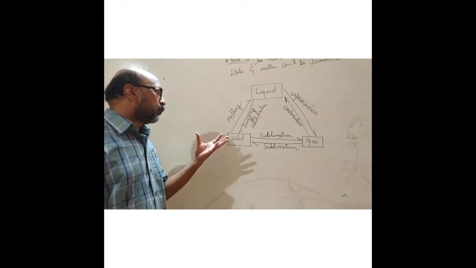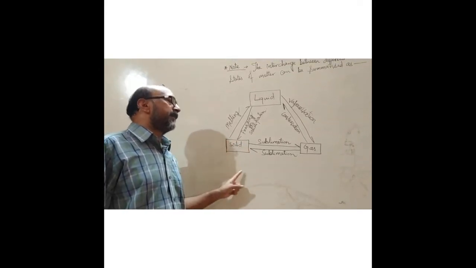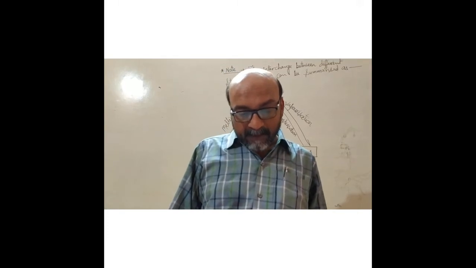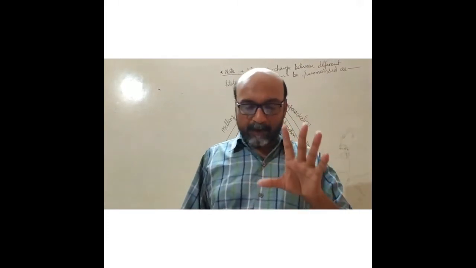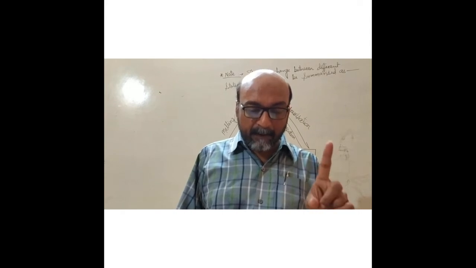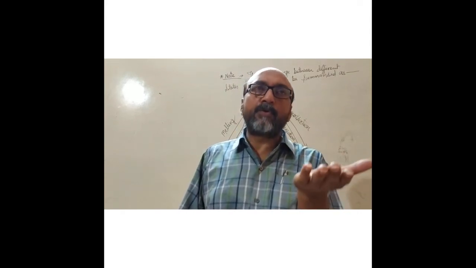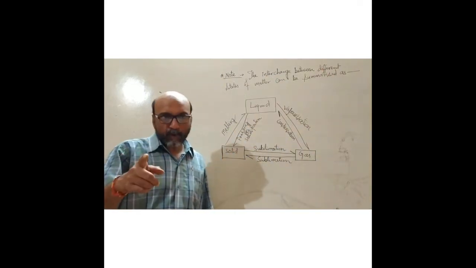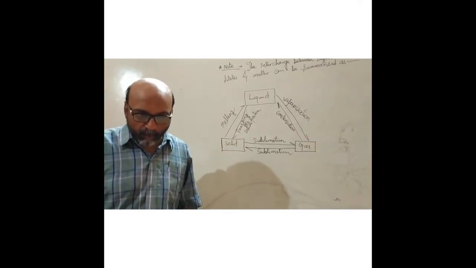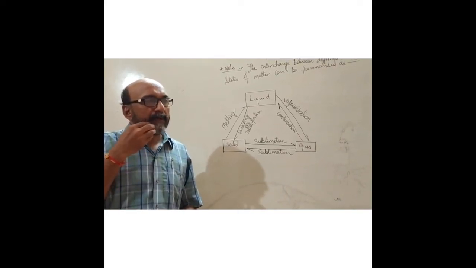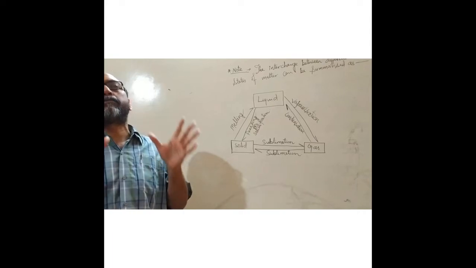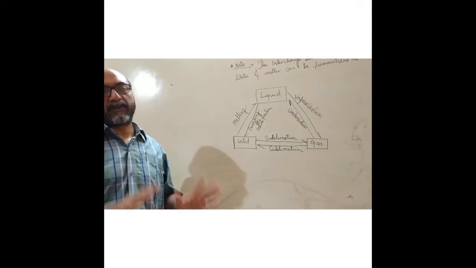If you are asked what does solid mean, you can say a substance is said to be a solid if its melting point is above the room temperature. I have taught you room temperature. Room temperature means 25 degrees Celsius or 298 Kelvin.